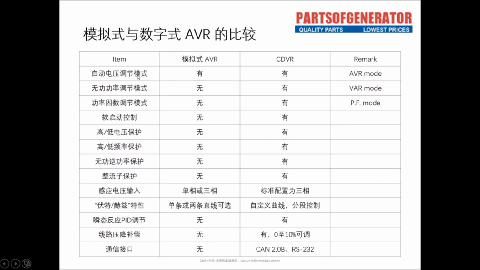For example, if we have several machines in parallel or one machine needs to connect to the mains power grid. If we use an analog automatic voltage regulator, our debugging work may be more difficult. But using this digital voltage regulator, it will be very simple and the operation will be smooth, very stable.